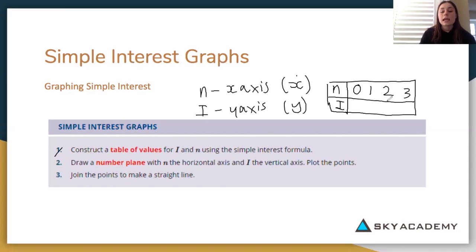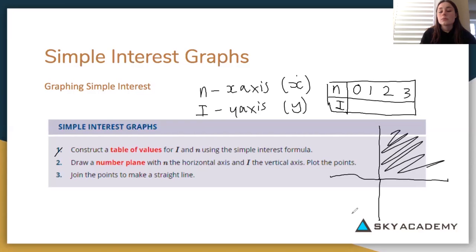When you're drawing a number plane for simple interest graphs, you will only use this top quadrant here. This is what a normal number plane looks like, and you have y values and x values, and we will only use this top first quadrant. That's because we will have positive values along this axis and positive values along this axis.